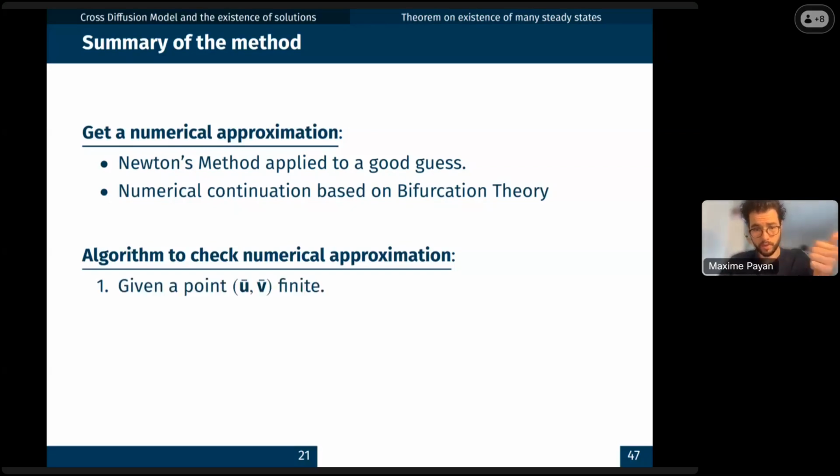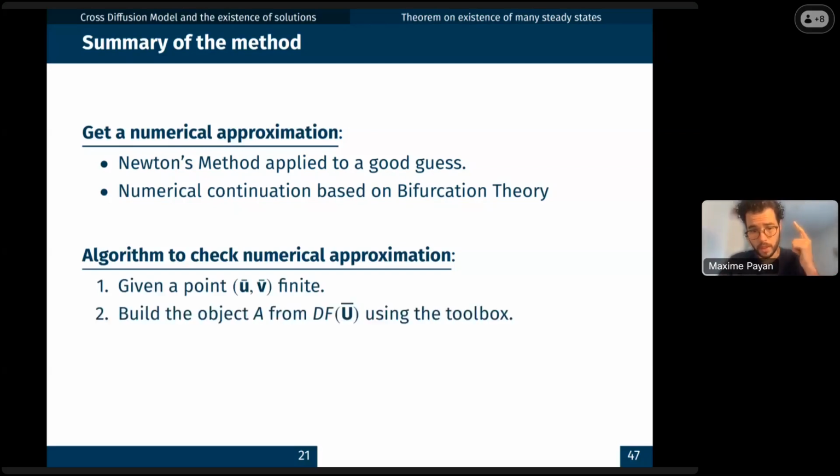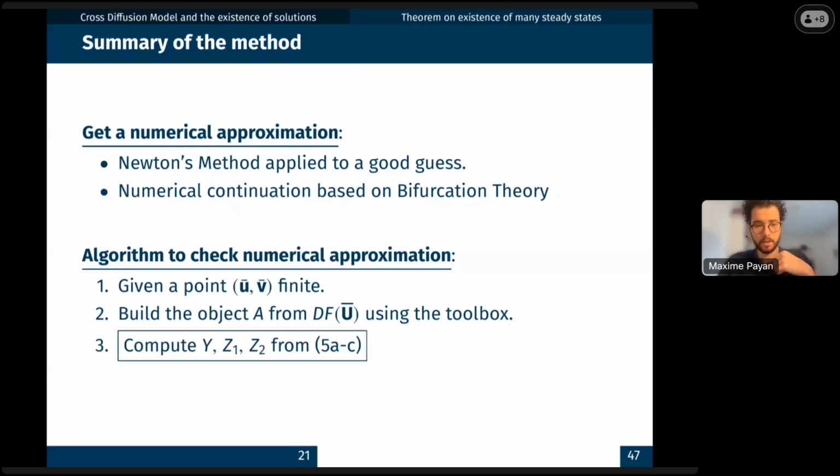So you have this point, the numerical approximation. You compute the approximate inverse of the differential of f at the finite point using the toolbox, so gamma, etc. Then you compute from A the bounds y, z1, and z2, which by construction satisfy 5a, 5b, 5c from the Newton-Kantorovich theorem.